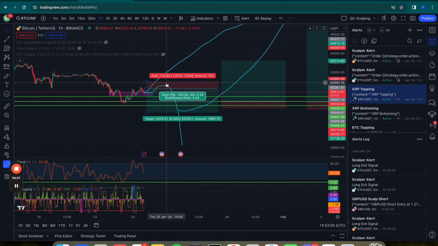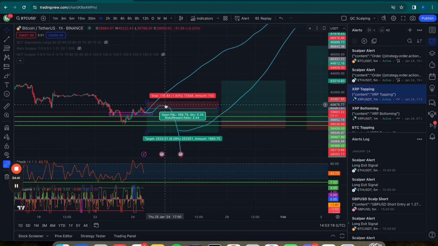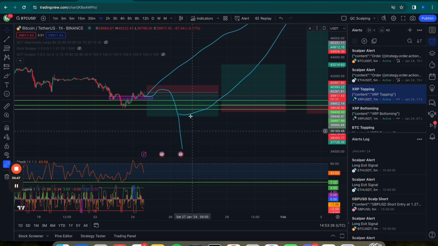And if we go to this level, then I have enough profits in my scalping long, remember that. So I'm profitable there. I will leave some in for the possibility of going further up, but I will start DCAing into the short for the possibility of going lower.